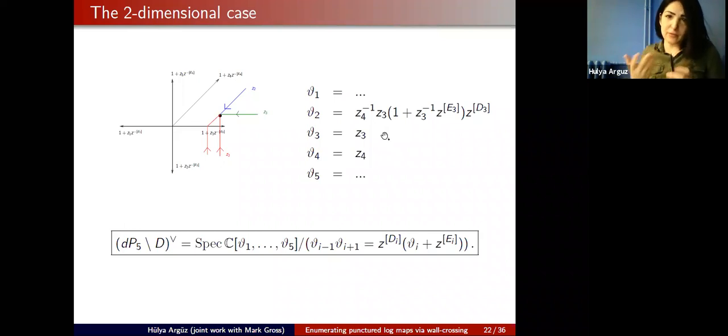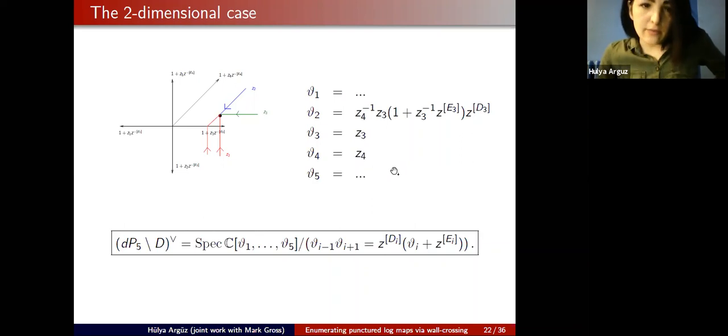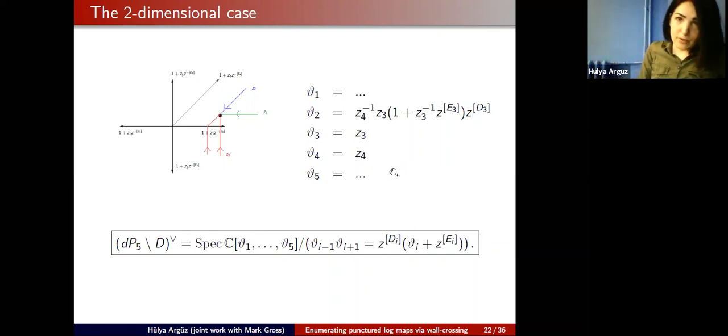But you have non-trivial wall crossing functions, so you multiply everything with the wall crossing function times the kink on the wall attached. So you write all of your theta functions on a chart, and then you have all these relations between theta functions. For instance, you have theta 2 theta 4 equal theta 3 times something. And then you write everything with all these relations, you know what your homogeneous coordinate ring is.